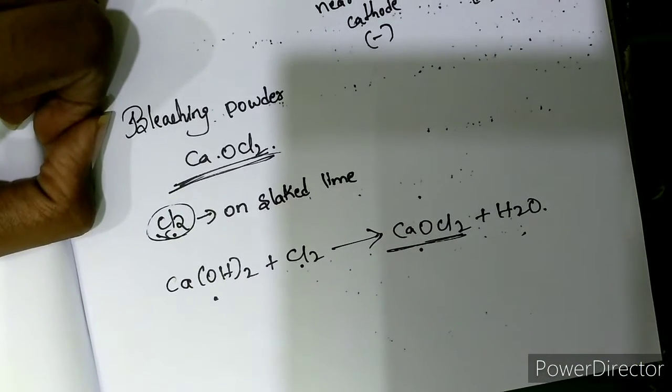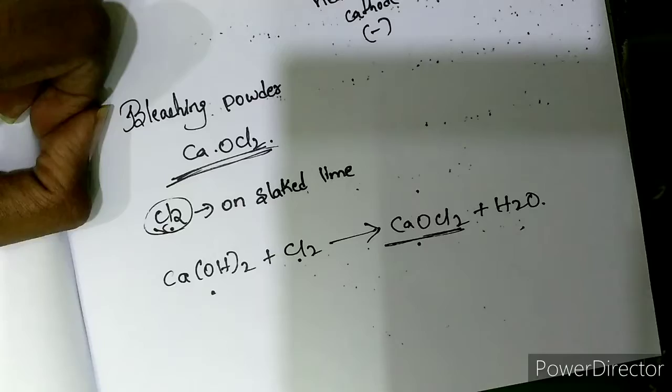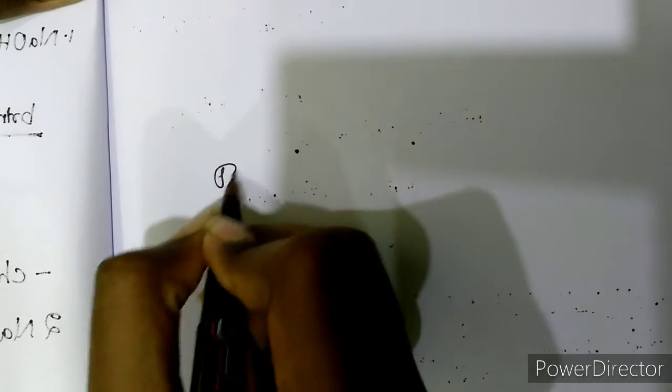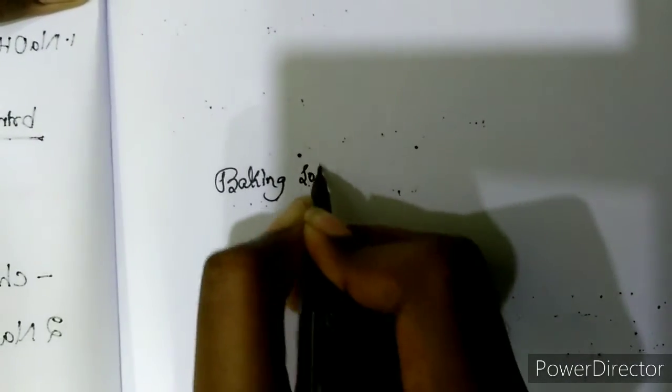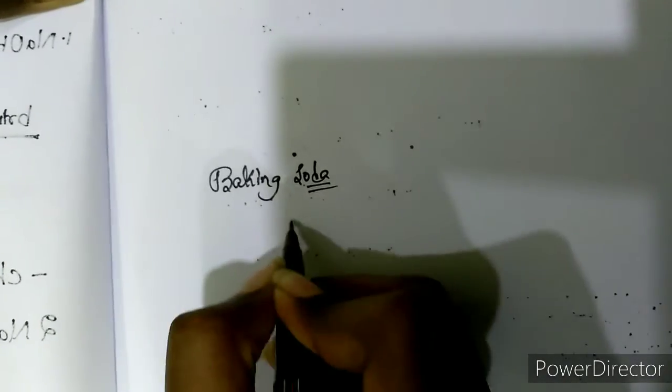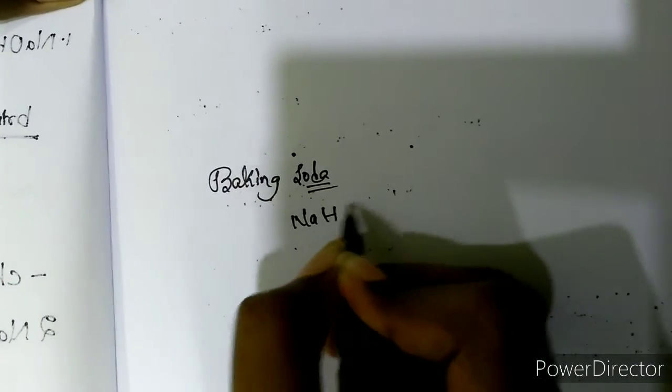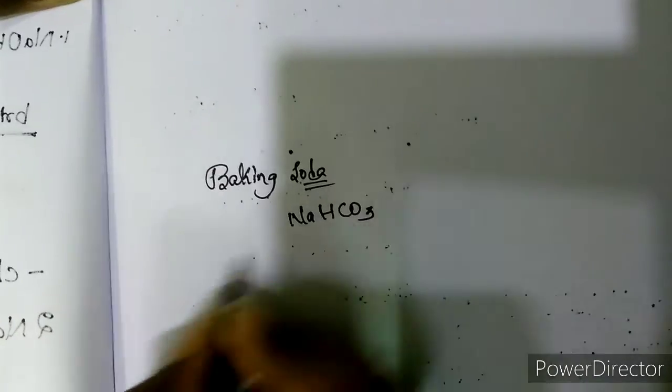Now we will discuss how washing soda is formed from common salt. Washing soda is formed by heating baking soda. NaHCO3, chemical formula of baking soda.